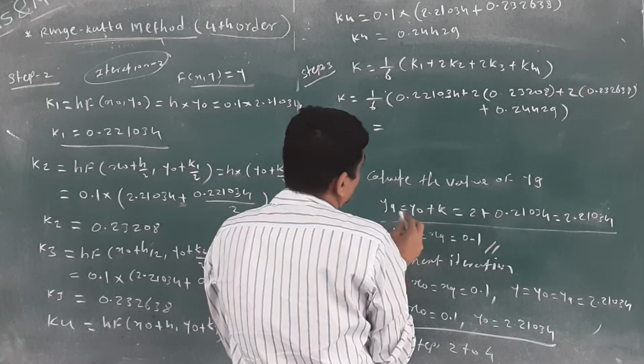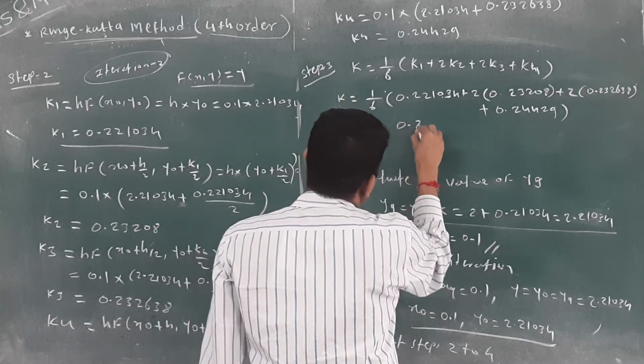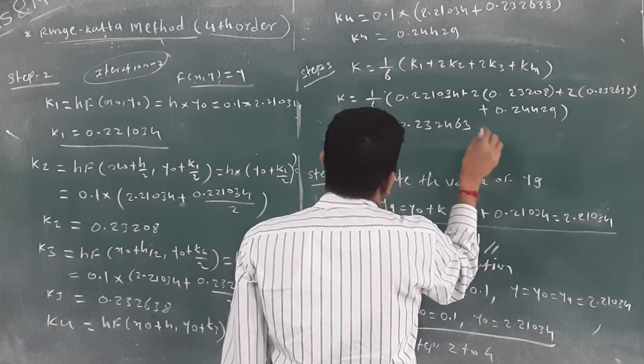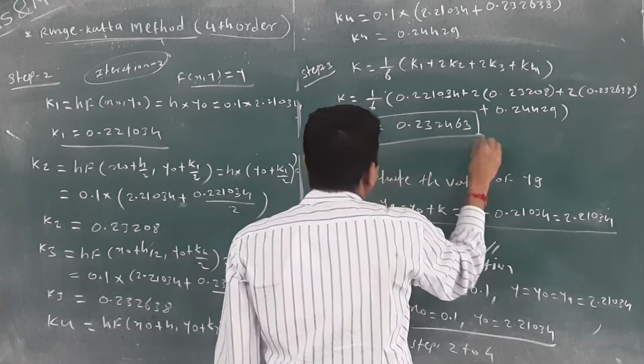Then you will get the k value, 0.232463. This is the weighted mean.